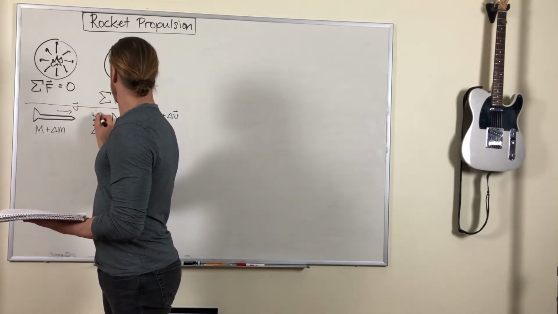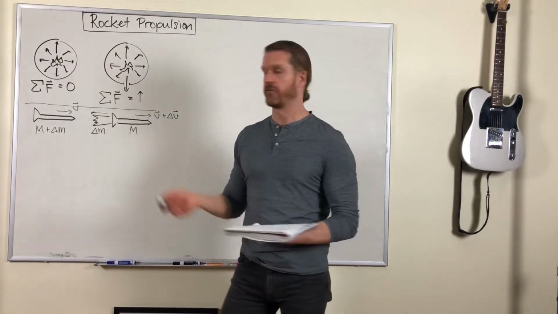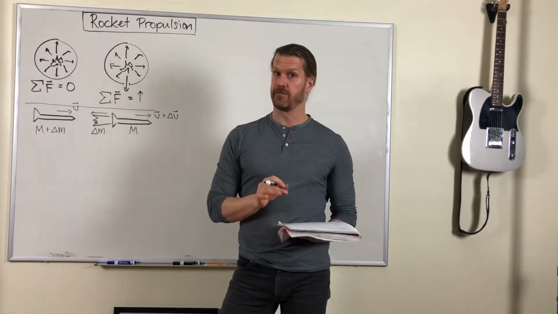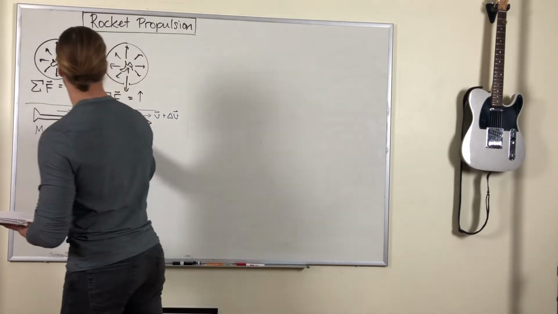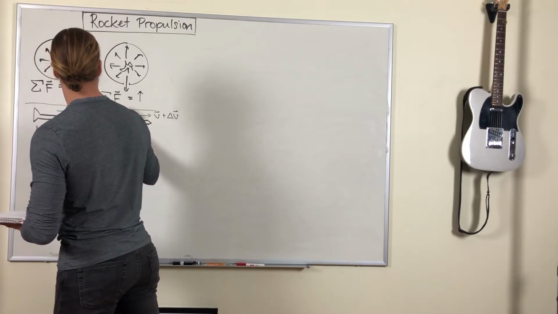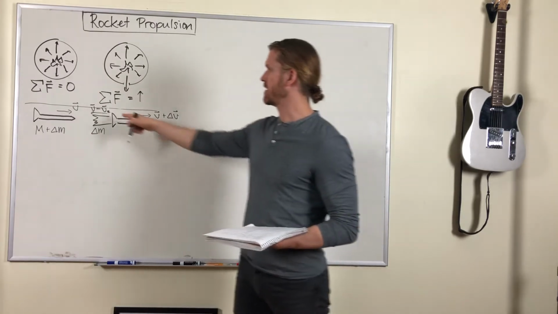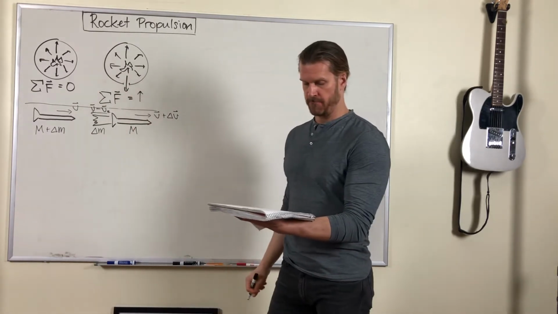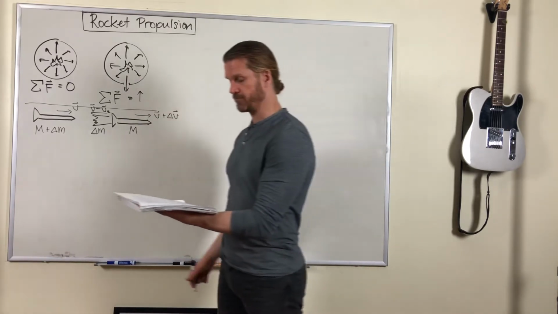And these expelled gases are exiting this rocket at an exhaust velocity ve that's relative to the rocket itself. So the velocity of those gases is the rocket's velocity minus that exhaust velocity.